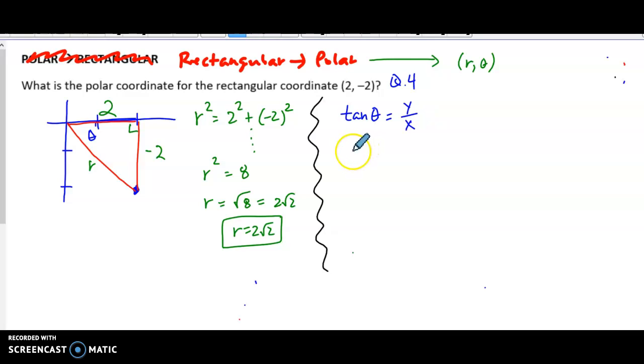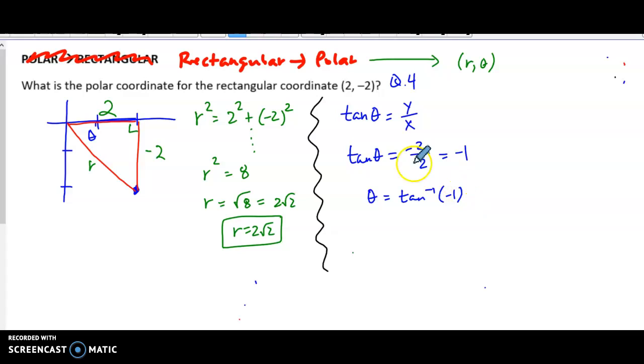And so here, tangent of theta is going to be y is negative 2, x is positive 2, and that's equal to negative 1, right? And so theta, right, is the inverse tangent of negative 1, okay?